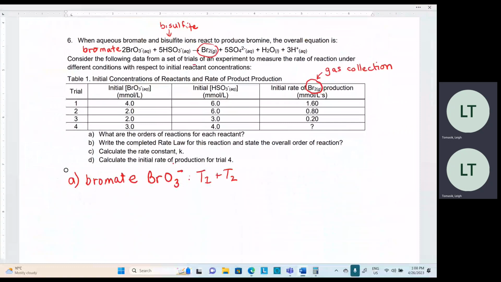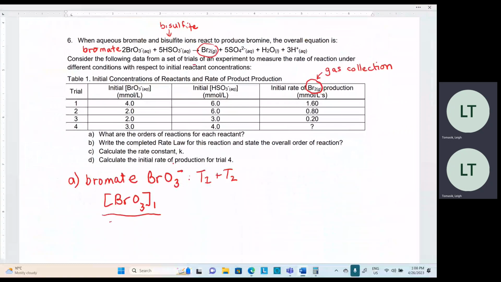So the concentration of bromate in trial 1 is higher. You can do it the other way, but if you put whichever trial is higher on top, you're going to probably get a whole number, and if you do it the other way around, you're going to probably get a fraction.